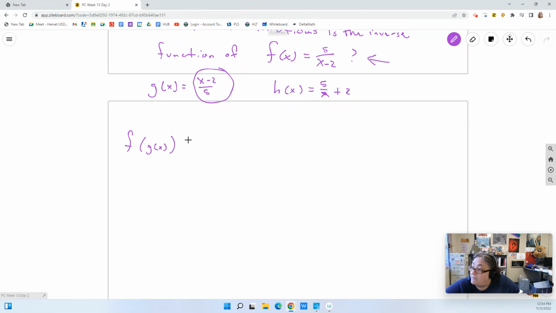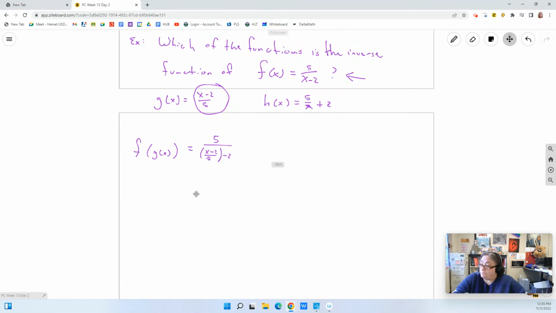So I have 5 over x minus 2. Well, where that x is, I'm going to plug in x minus 2 over 5, minus 2. Is that ugly? Heck yeah, it's ugly. I don't even know where to begin with that right now. That's some ugly, ugly math.